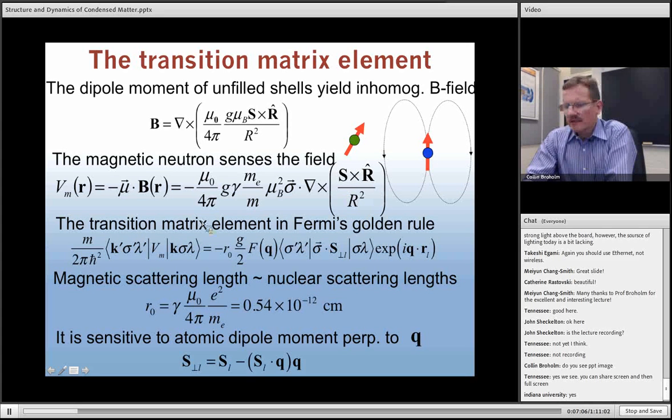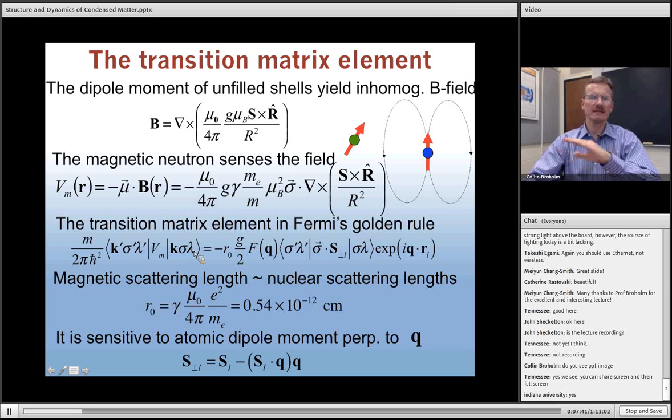Good. So then the transition matrix element that's going to show up in our scattering cross-section is written down here. I think you can probably remember that what showed up in our scattering cross-section was this matrix element of the interaction potential between an initial state of neutron, and actually also neutron spin state, and the sample. So lambda is a variable which indicates the initial state of the sample.